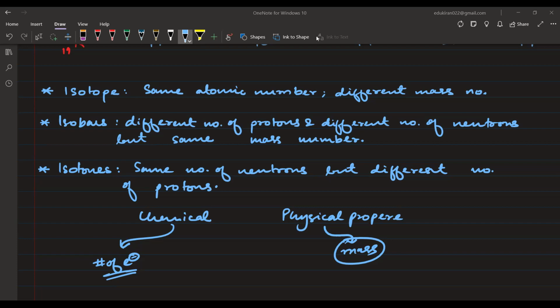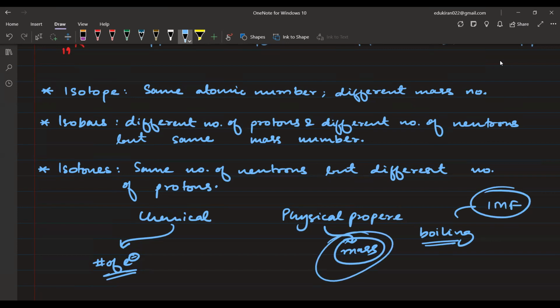Why the boiling point is different for different masses, you will learn in states of matter, intermolecular forces of attraction. There you will learn that the boiling point depends on the mass of an atom. If the mass is very high, then the boiling point is also high.